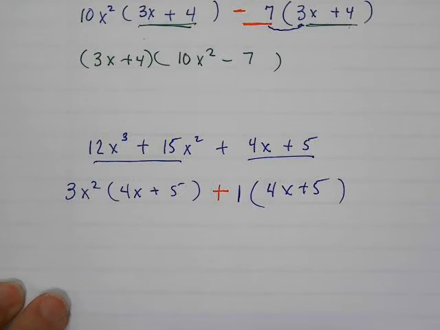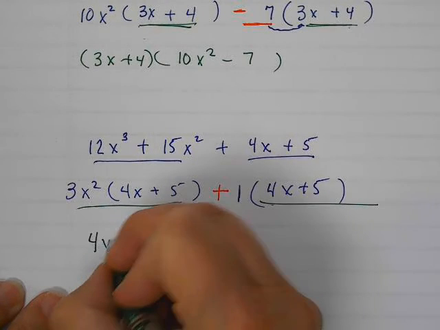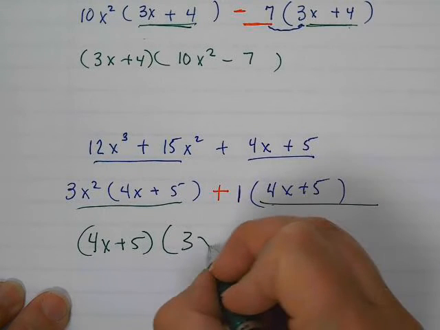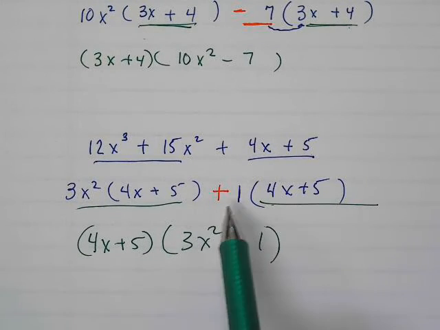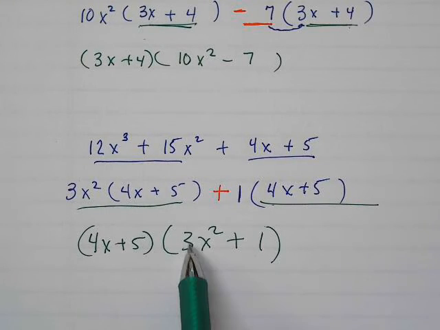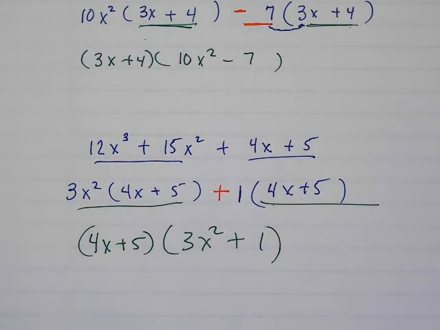So here, now I'm looking to factor by grouping, so I'm going to look for a common term, 4x plus 5. And then I'm going to write 3x squared plus 1, because that's what would be left. Notice I have to have this 1 here, because each of these terms would have to go times the 1 to give me what I started with. So you'll need that.